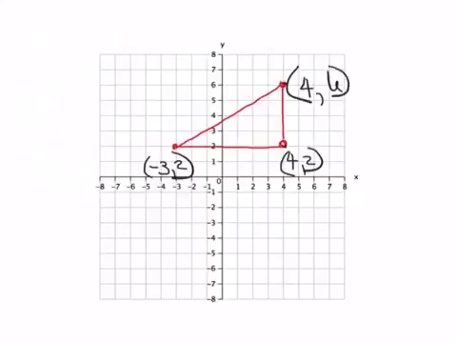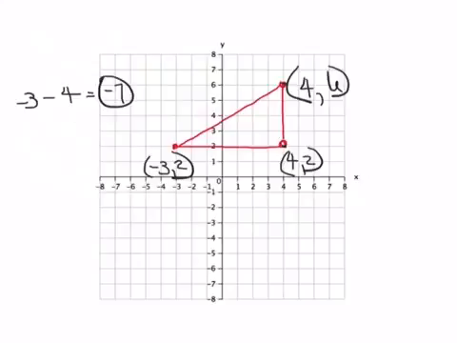Alright. Now if I want to know how far it is from here to here, that's the x direction, right? Left to right is x. I take the x value here and the x value here, and I take the difference between those. So I take -3 minus 4 equals -7, and then I always make that positive.